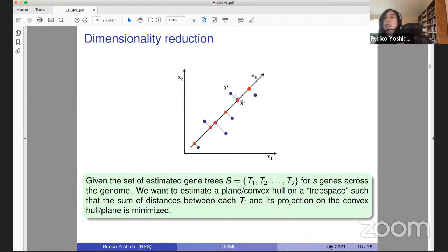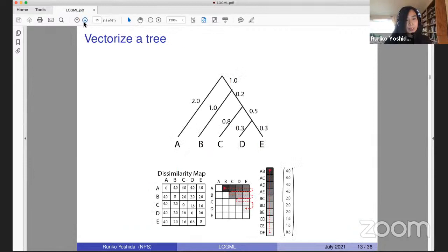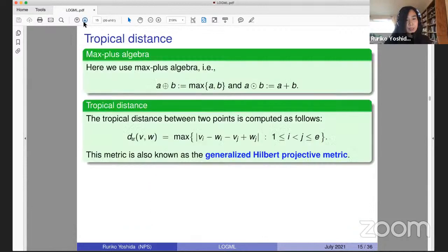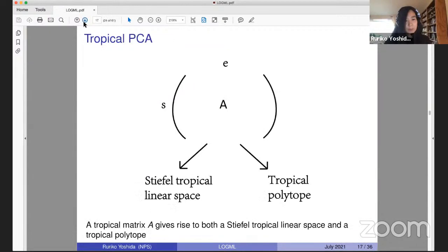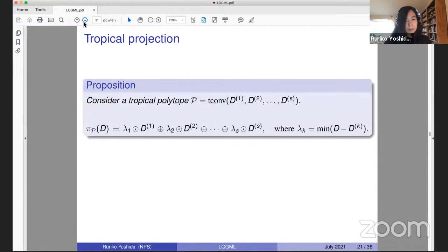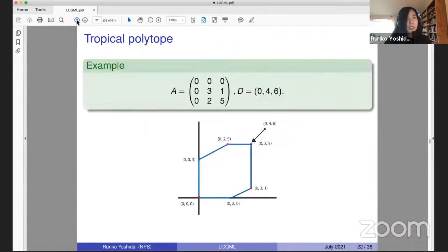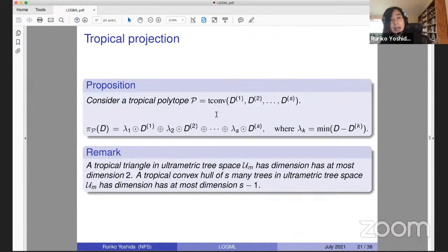That's what I want to find. That's my goal. That means I have to have the projection, and there is a formula. I'm not talking about the details. Just believe me, there is a formula.